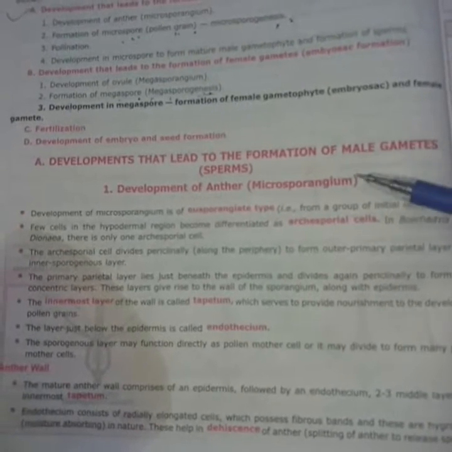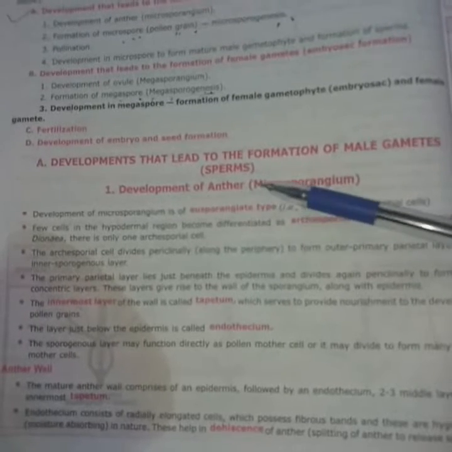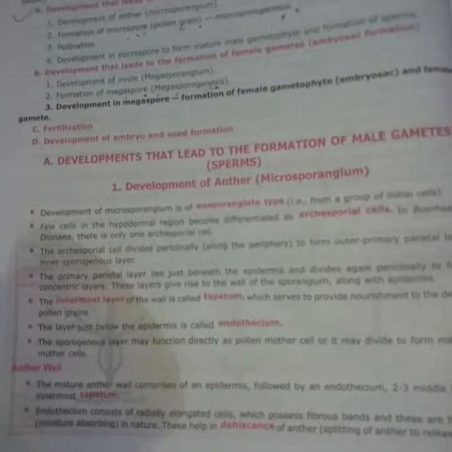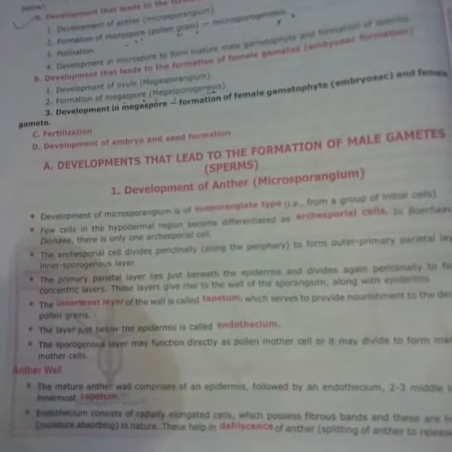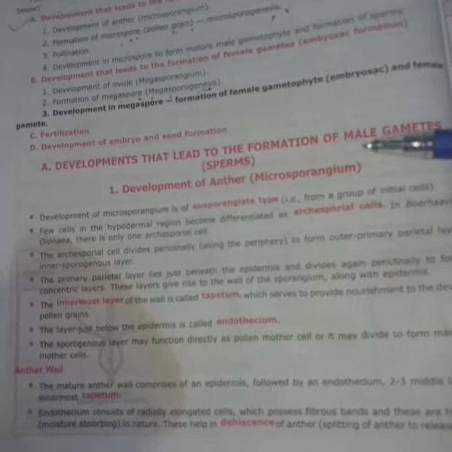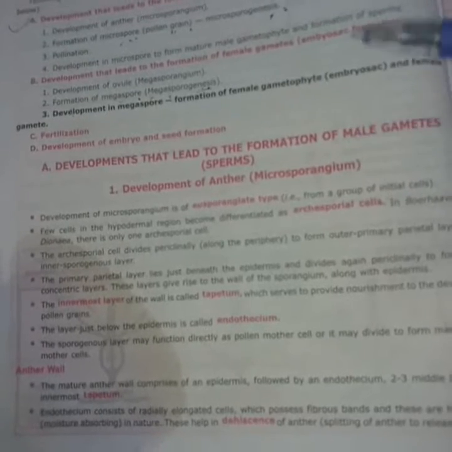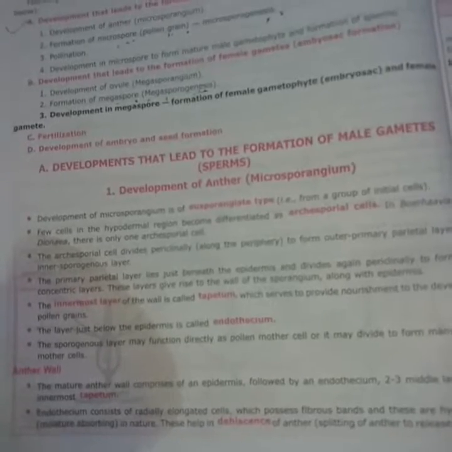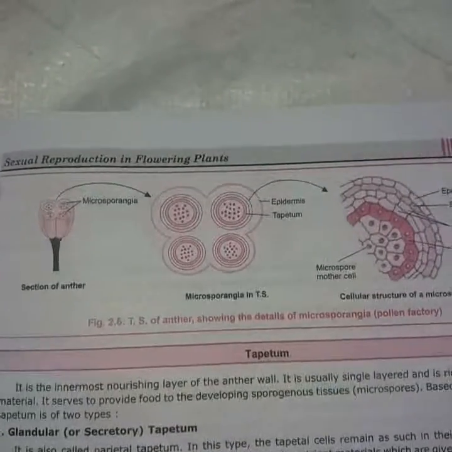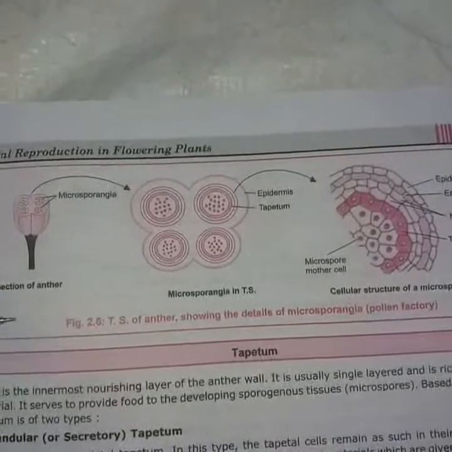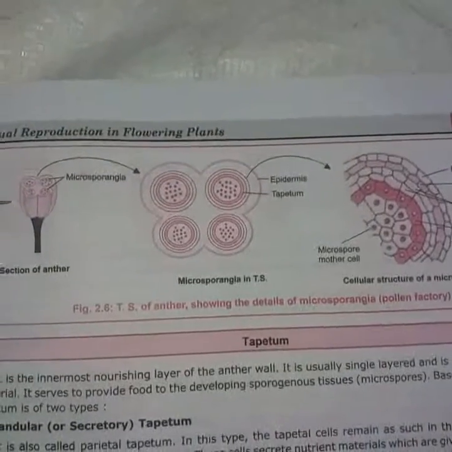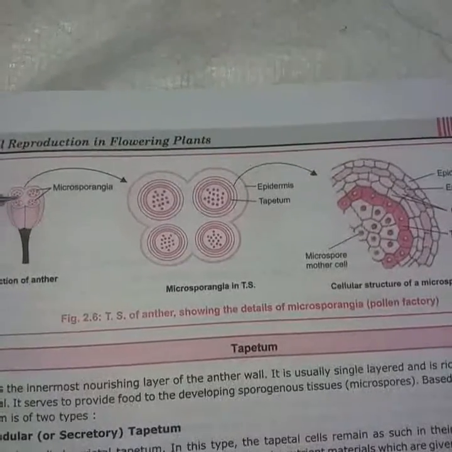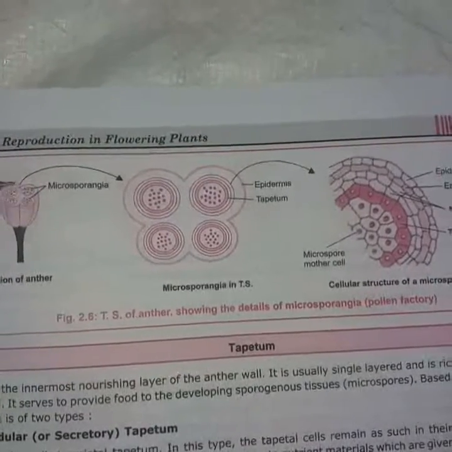Here I explain the first point, development or formation of male gametes. The first point is how anthers are developed and what the microsporangium is. This is the structure: the anthers are tetrad, four-chambered. These are called microsporangia.